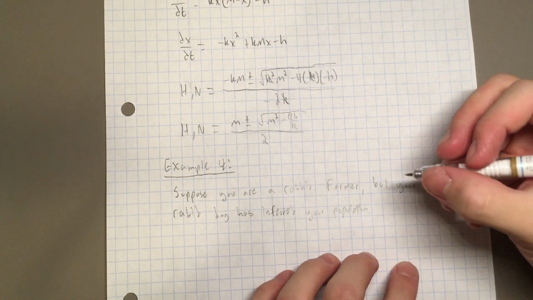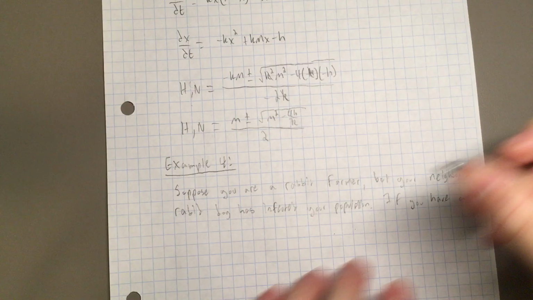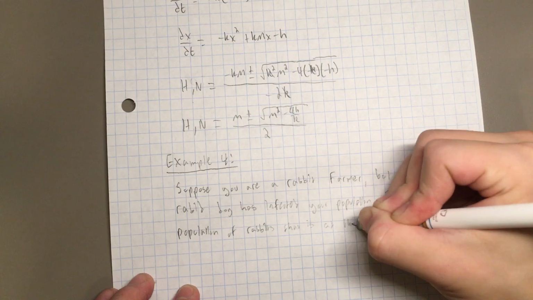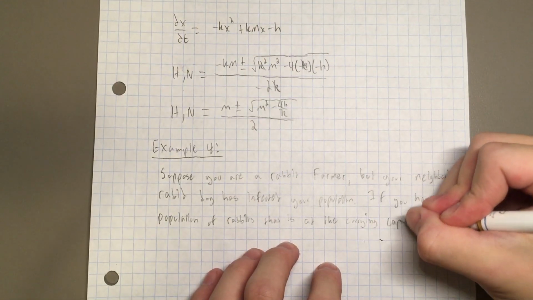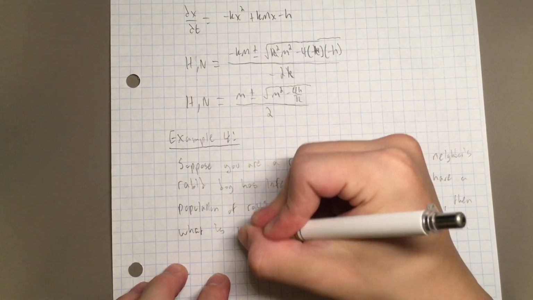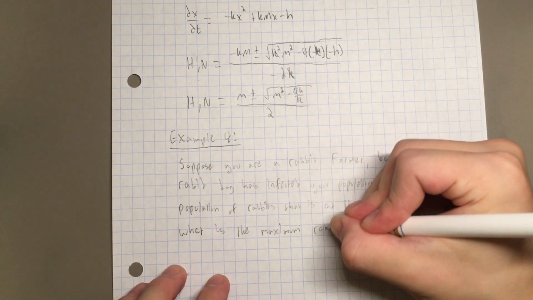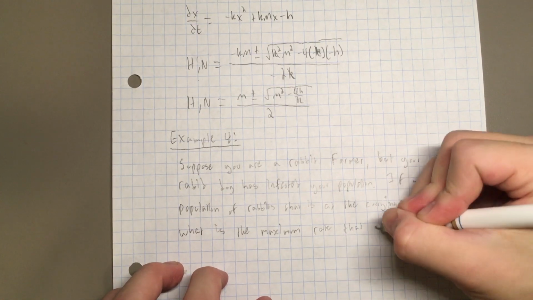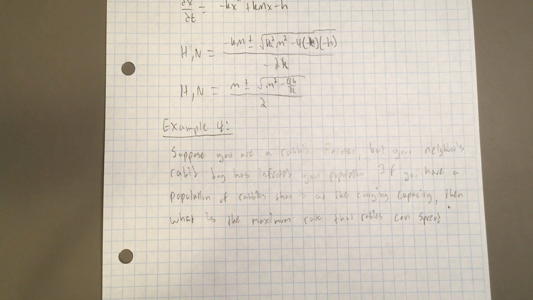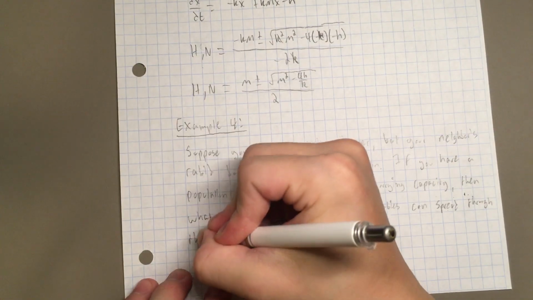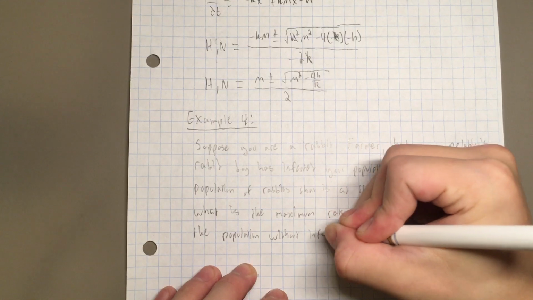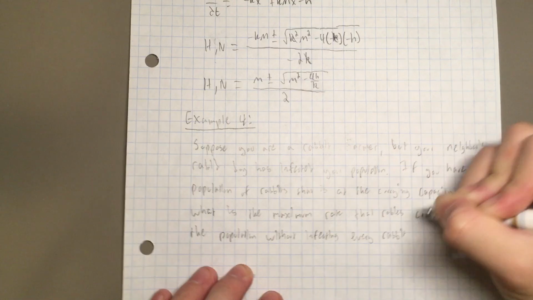If you have a population of rabbits that is at the carrying capacity, then what is the maximum rate that rabies can spread through the population, and in this scenario you can think of rabies just as a generic harvesting rate, so that's just going to be the h term, without infecting every rabbit, after an infinite amount of time.